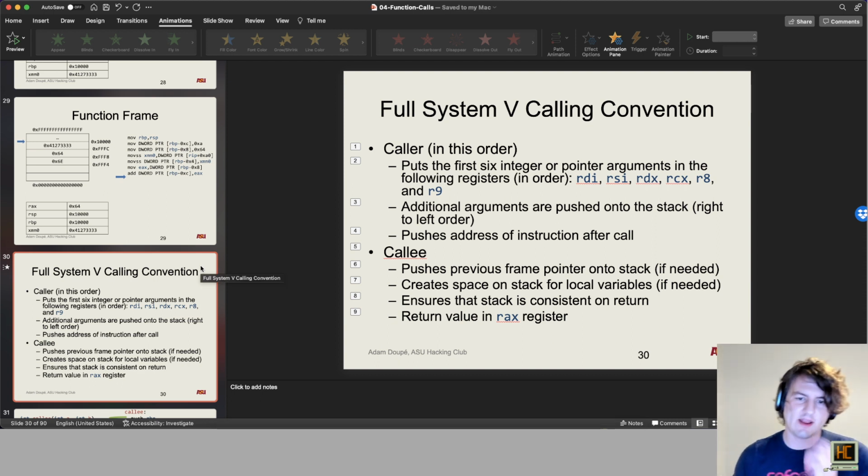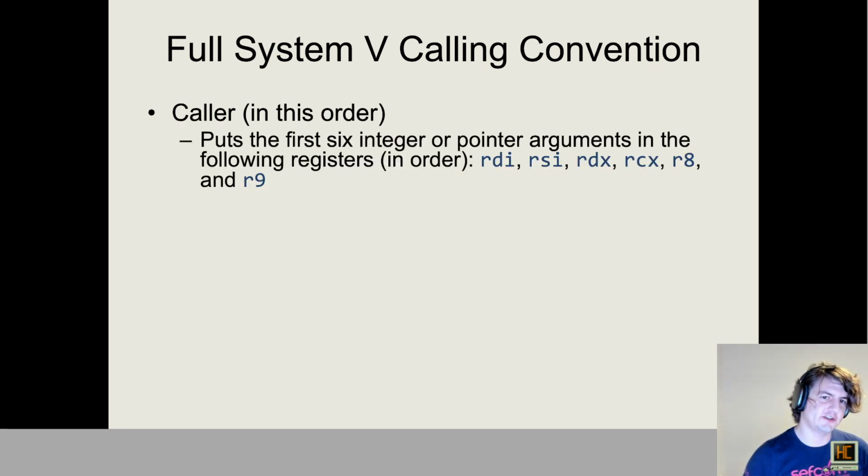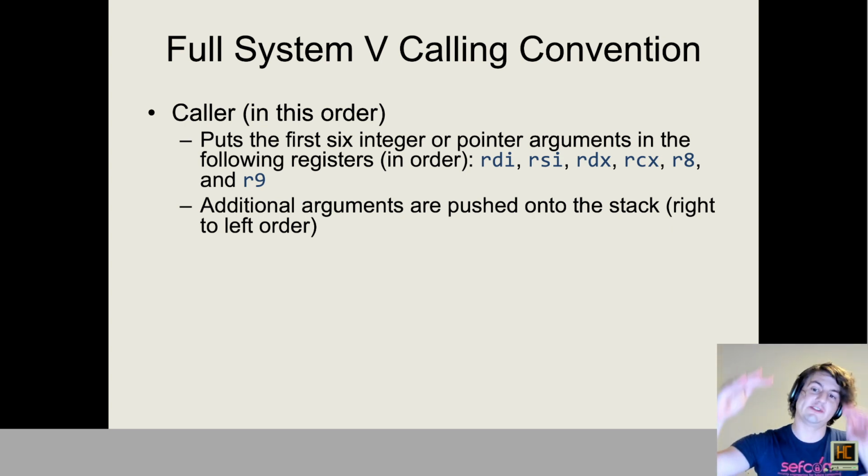So now with that, we actually have our full System V calling convention. When we call a function, the caller first puts the first 6 integer and pointer arguments in the registers RDI, RSI, RDX, RCX, R8, and R9. Then any additional arguments are pushed onto the stack. The key difference with cdecl is that all arguments are pushed onto the stack, so no registers are used.